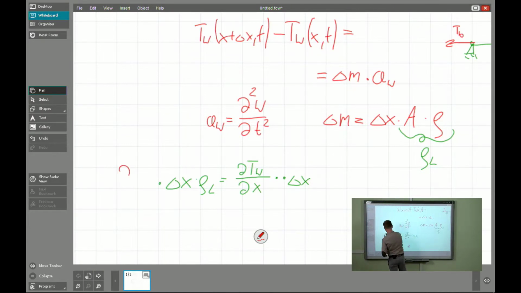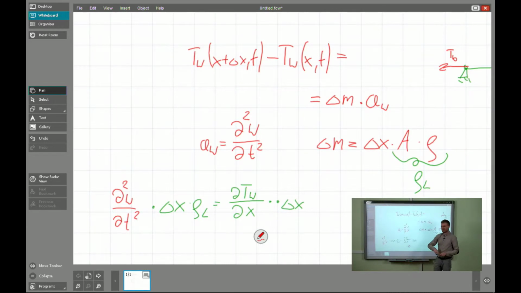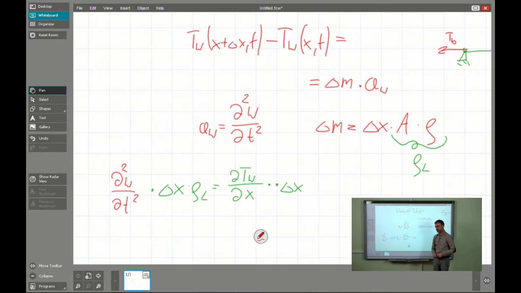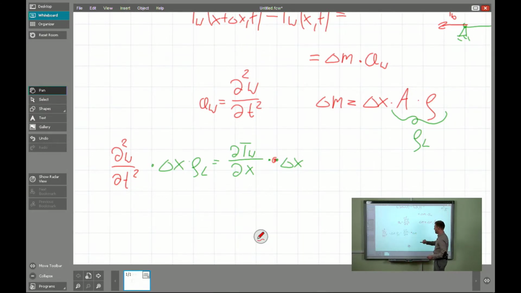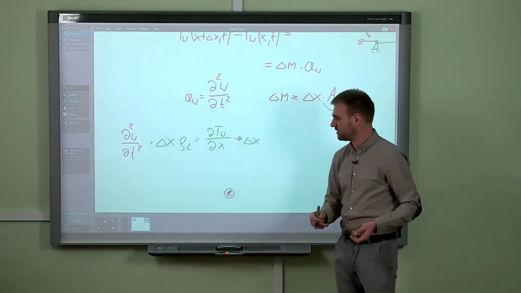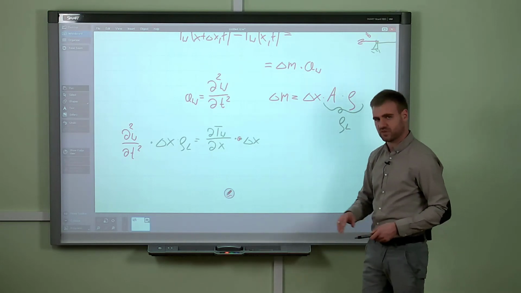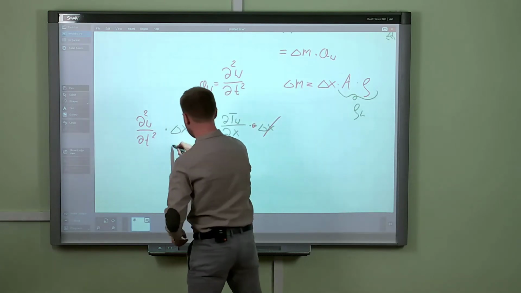I will put it in using the red color. Delta x, if it is a small value, can be treated as a differential of our spatial variable. Okay, and we are able to simplify that.